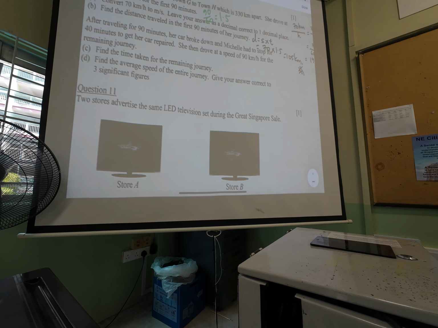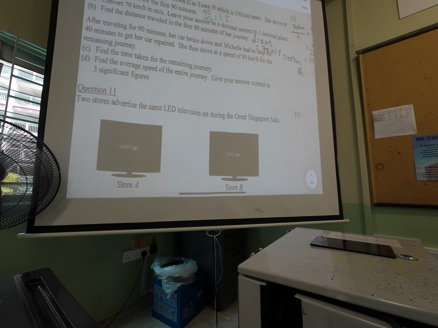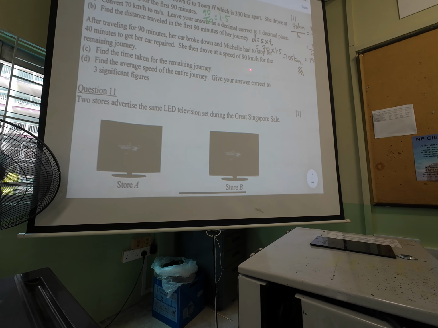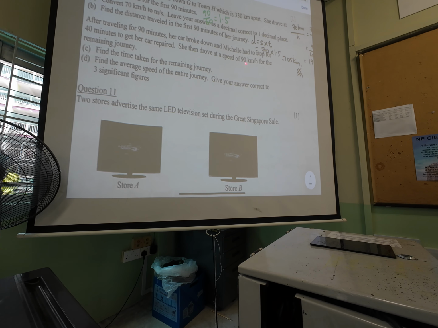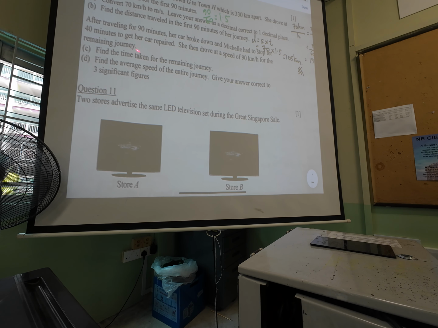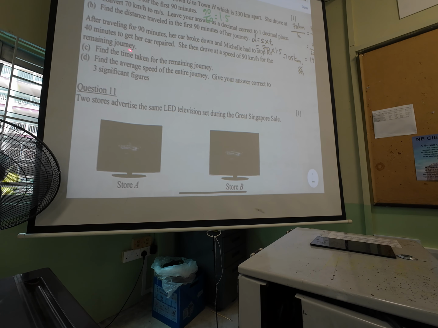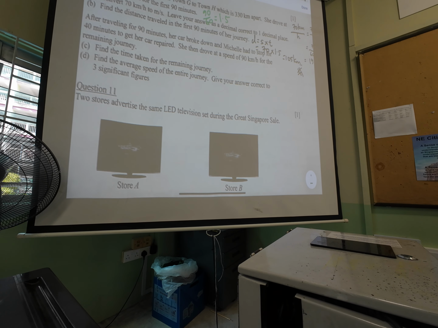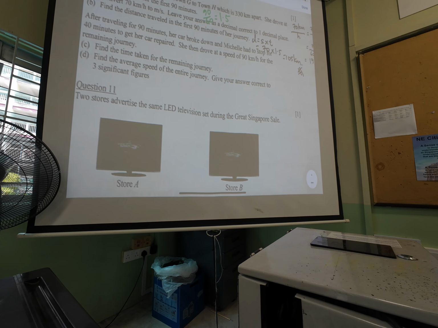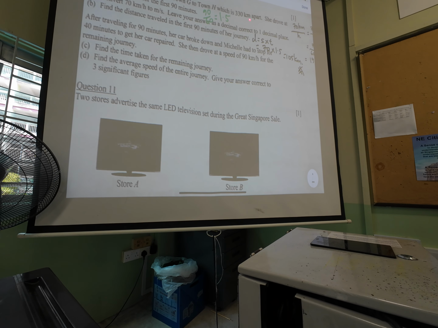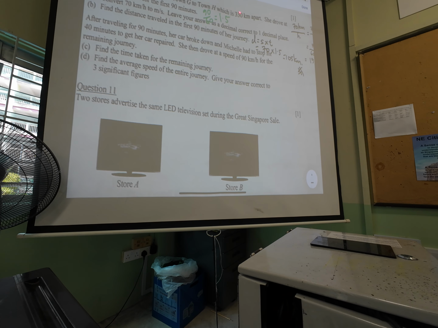Okay, after traveling for 90 minutes, her car broke down. Then she stopped for 40 minutes. Then she drove at a speed of 90 km per hour for the remaining journey. So what was the remaining journey? Total journey 330 km apart.